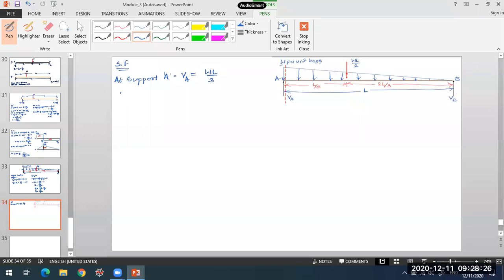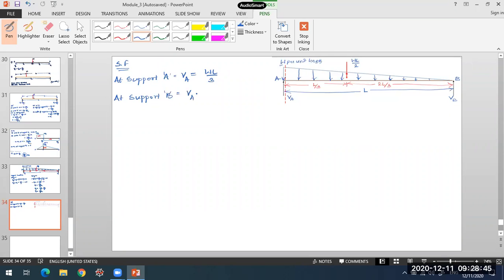Okay. Then at support B, since I don't have any point in between the beam, I'll go to support B directly. So at support B, it will be equal to what?